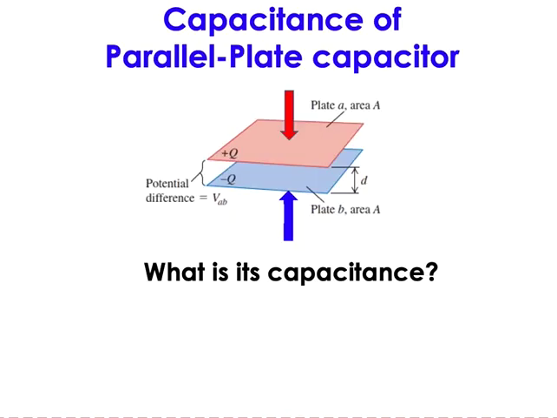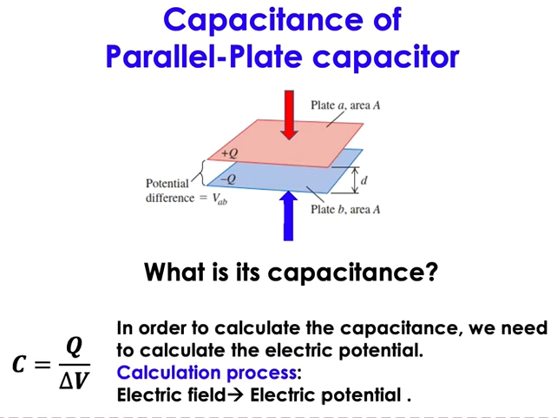Now, let us calculate the capacitance of a parallel plate capacitor. In order to calculate capacitance, we need to calculate the electric potential first. In the last lecture, we studied that electric potential can be calculated from the electric field.